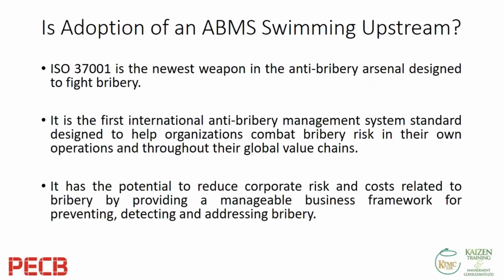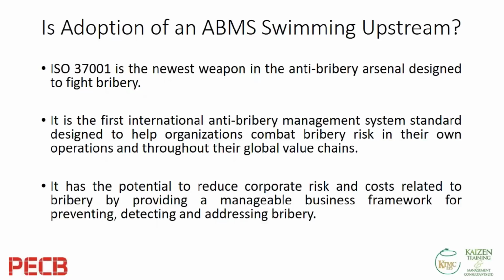The standard is the newest weapon in the anti-bribery arsenal designed to fight bribery. It is the first international anti-bribery management system standard designed to help organizations combat bribery in their own operations and throughout their global value chain. Adoption of the system can be implemented in a way that assures stakeholders that the organization is seeking to adhere to international best practices.